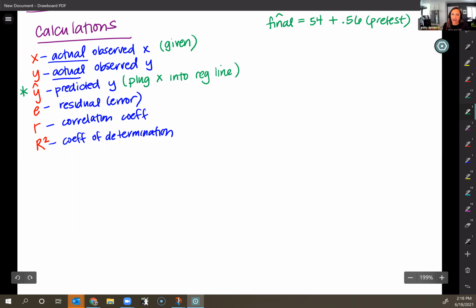The only way I can make this question more challenging, you'll see this on old exams, is that I will give you more information than you need. I'll give you X and Y. So if you don't take the time to break down which one's X and which one's Y, you may get that question wrong. Or if you don't pay close attention to what I'm asking you for, you might go one step too far.